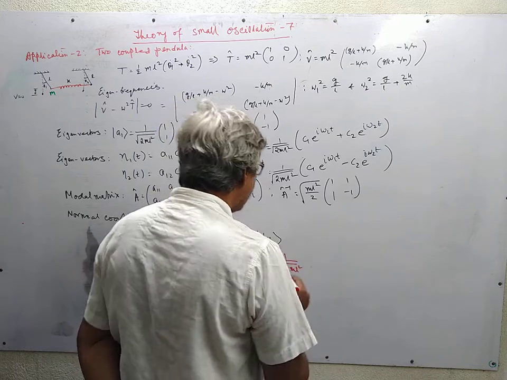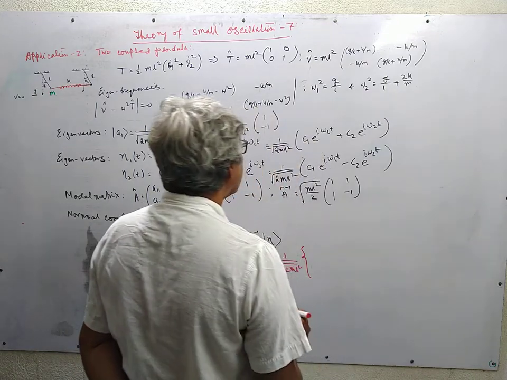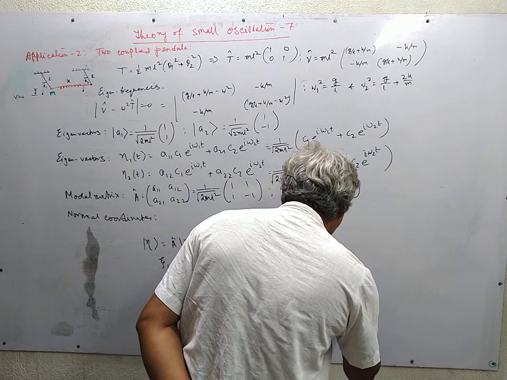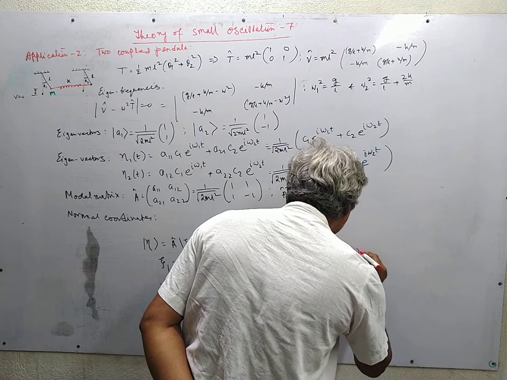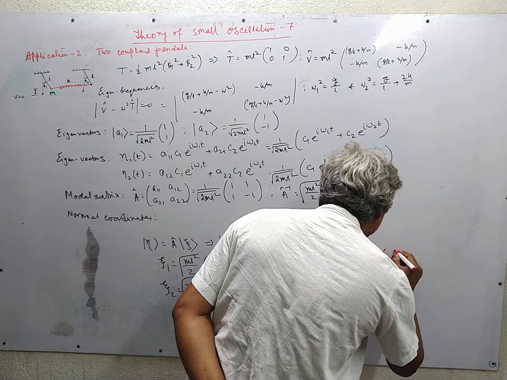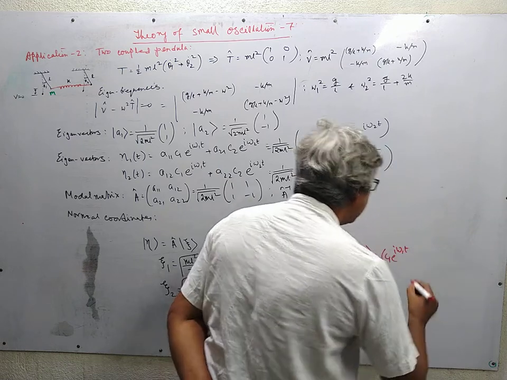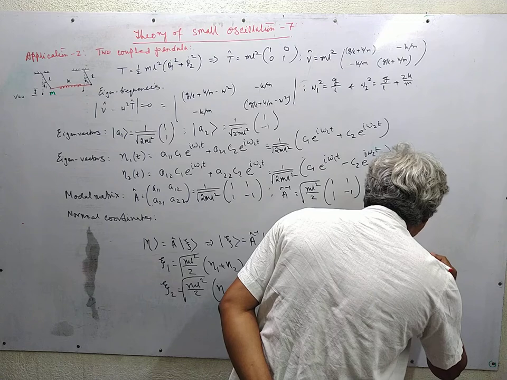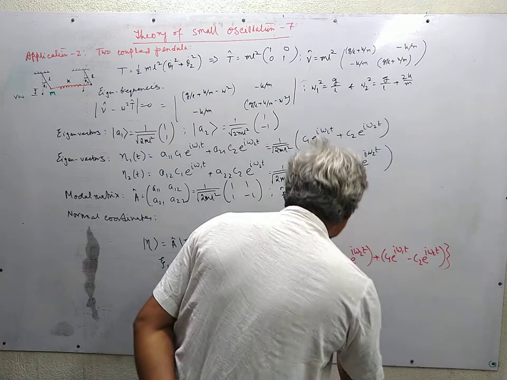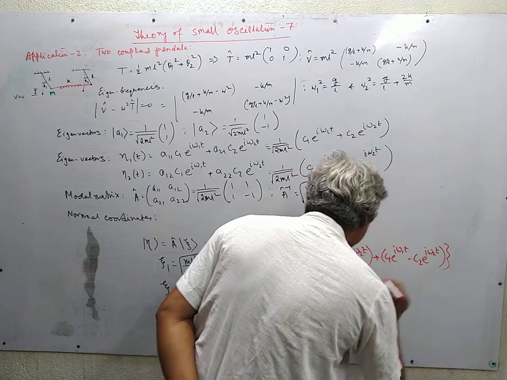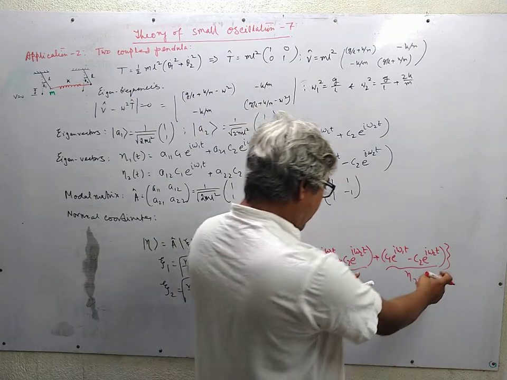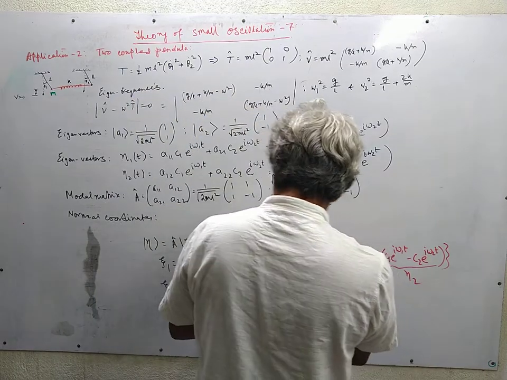For eta 1, it is c1 e to the power i omega 1 t plus c2 e to the power i omega 2 t. This is for eta 1, plus c1 e to the power i omega 1 t minus c2 e to the power i omega 2 t. This is for eta 2. So we see that this part cancels and this is twice, which adjusts with this.